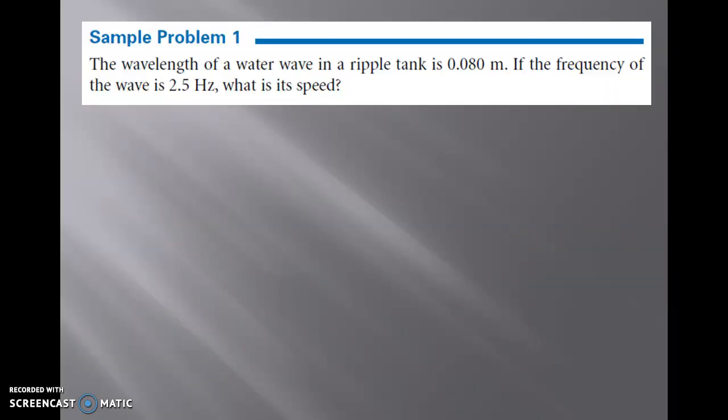Example 1. The wavelength of a water wave in a ripple tank is 0.080 meters. If the frequency of the wave is 2.5 hertz, what is its speed? So we are going to list out the parameters.